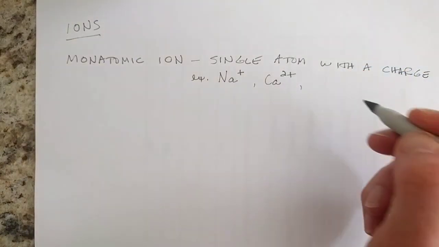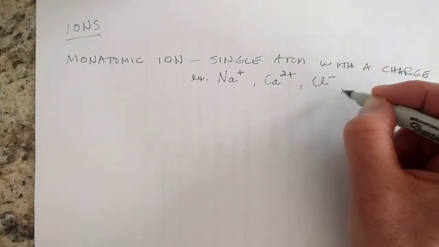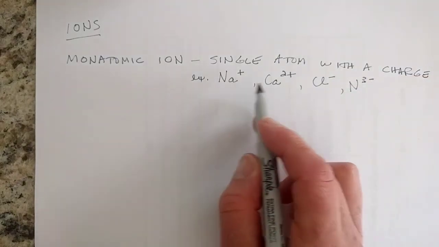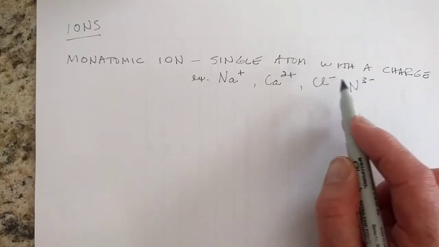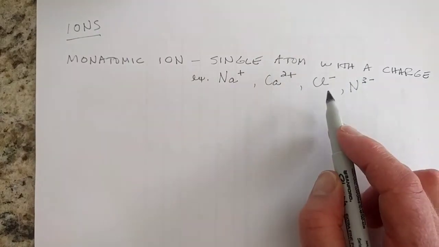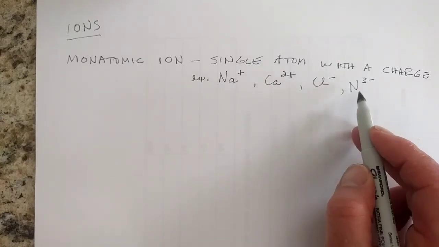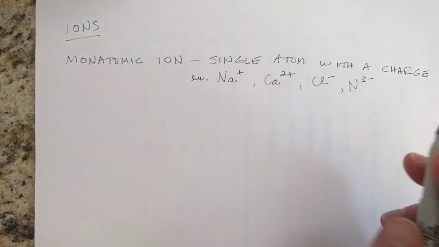And then we can have our negative ions. We can have Cl minus, N3 minus. So our metals lose electrons, become positive. Our nonmetals gain electrons and become negative. Chlorine has 7, it gains 1 to become chloride. Nitrogen has 5 valence electrons, it gains 3 to become nitride.